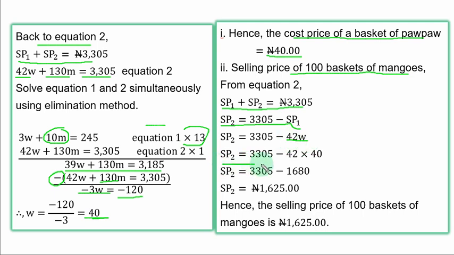So you have SP2 equal to 3,305 minus 42 times W. And what is W previously? 40. So you have SP2 equal to 3,305 minus 1,680. If you subtract, you have SP2 equal to 1,625 naira 00 kobo.